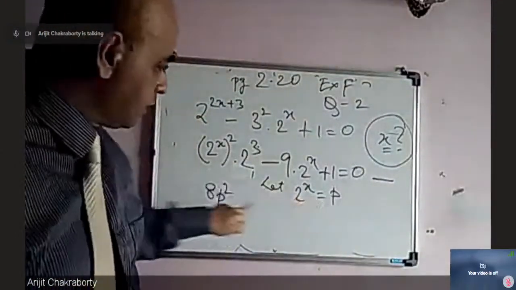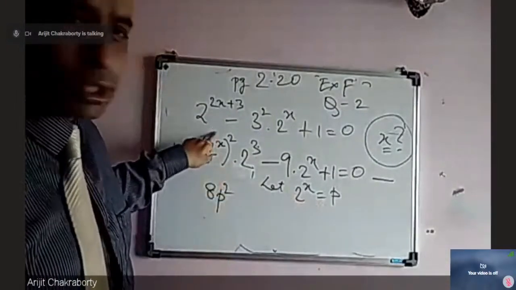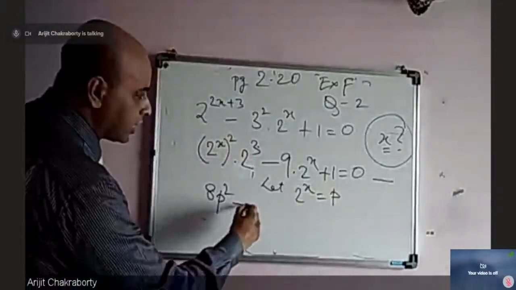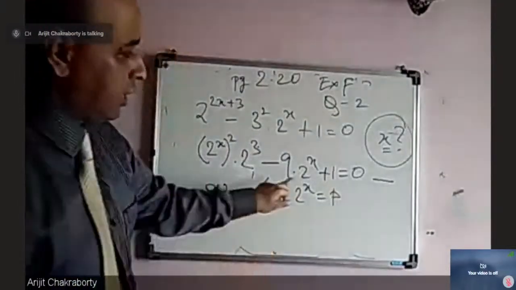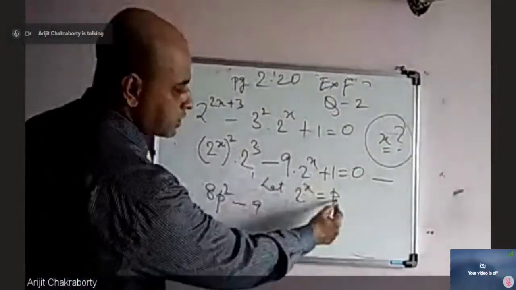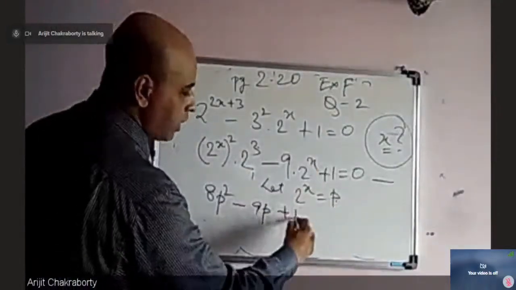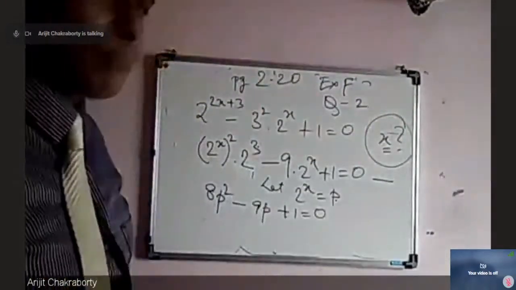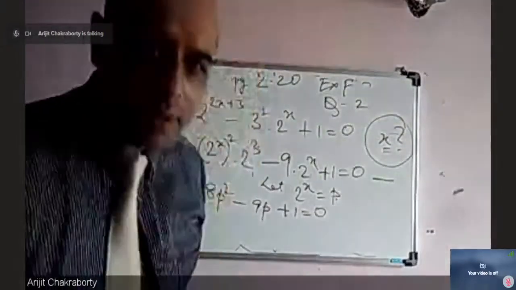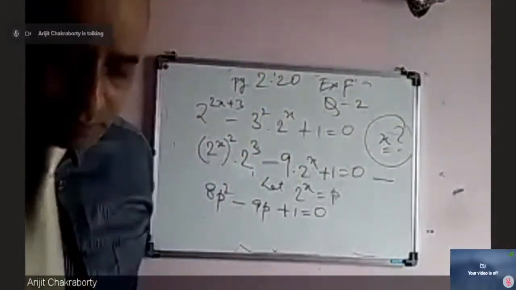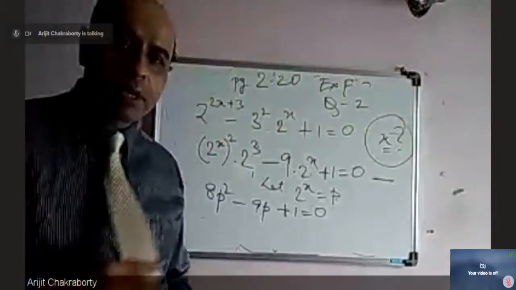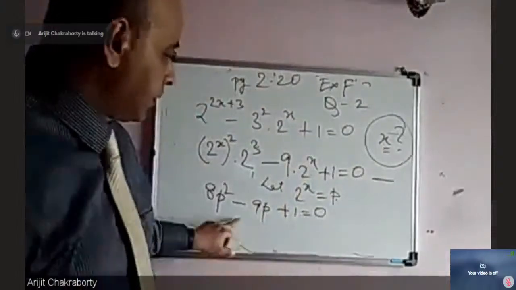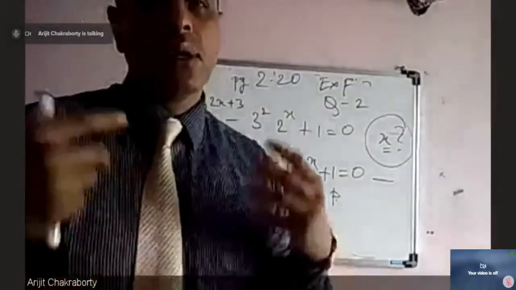We have 2 to the power x square, so p square, 8p square, minus 9 into 2 to the power x, but 2 to the power x is p, so it is 9p, plus 1 equal to 0. Please see if you follow this. Okay. So you have 8p square minus 9p plus 1 equal to 0. Now it is like a standard quadratic equation.